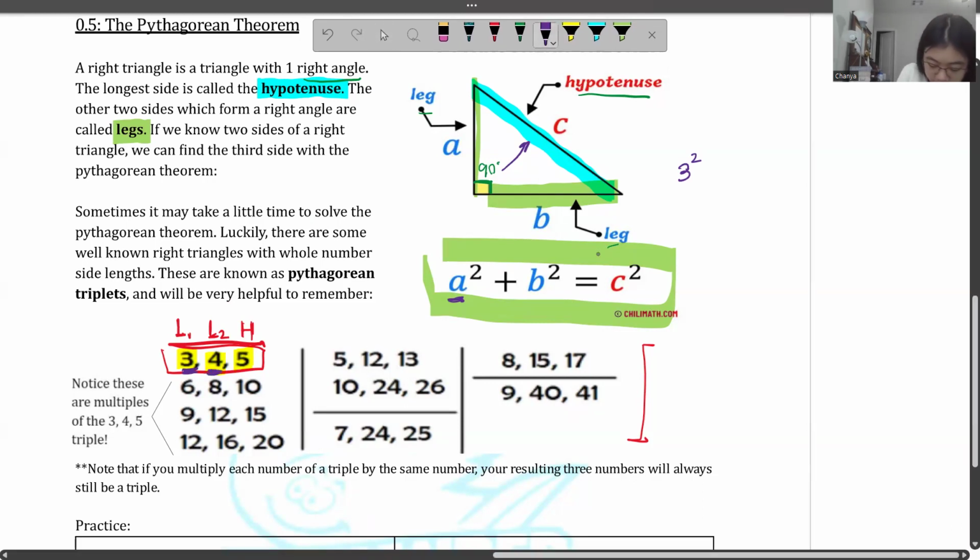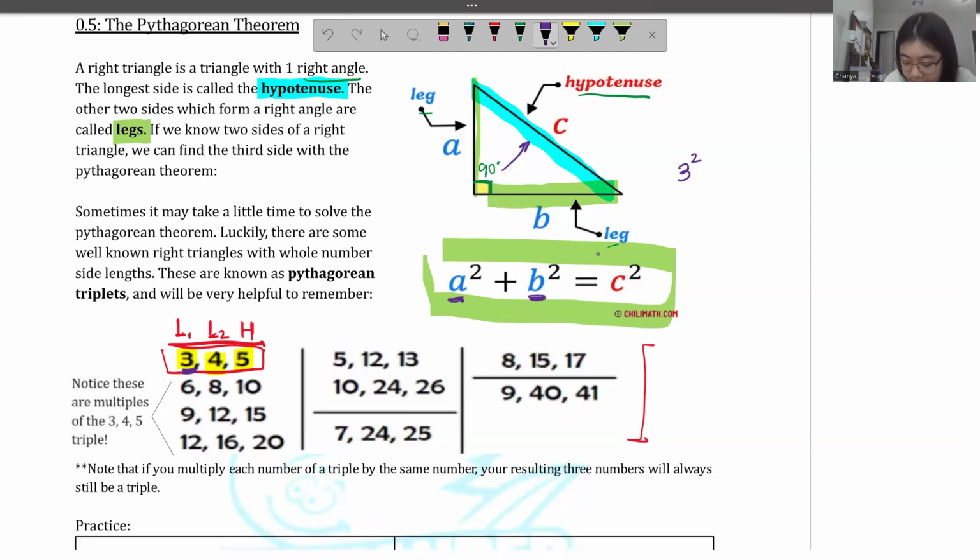The other leg here is 4. So I'm going to plug 4 in for B because it's the other leg of the right triangle. So 3 squared plus 4 squared equals the hypotenuse squared. The hypotenuse here is 5, and it is represented by C, so I'm going to plug in 5 for C. So now using the Pythagorean theorem and this set of 3 numbers, we get this expression.